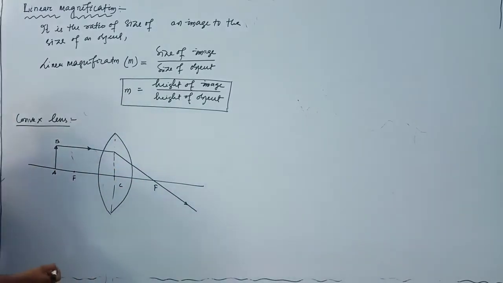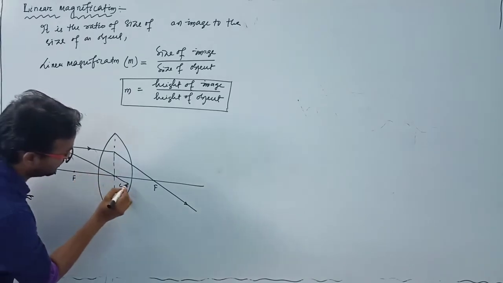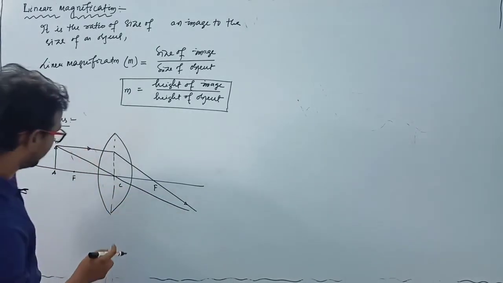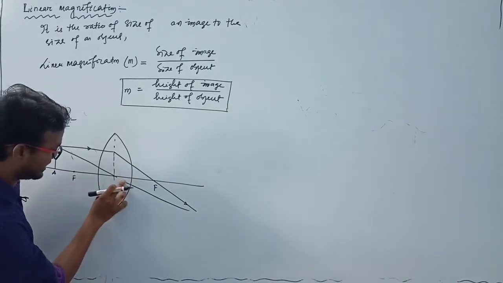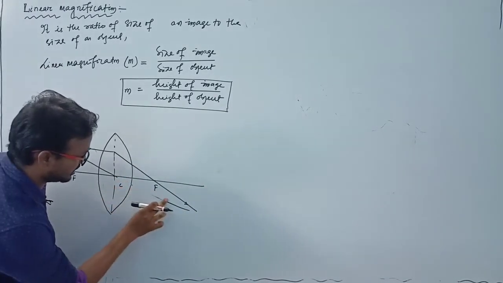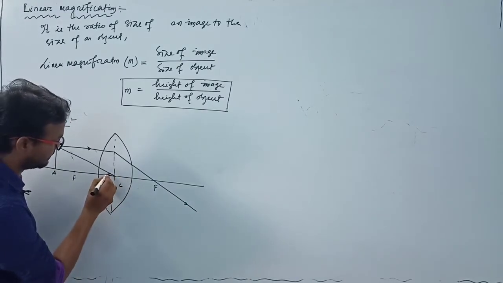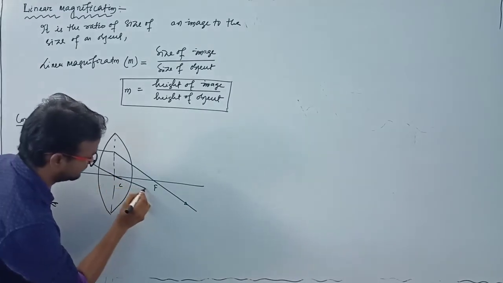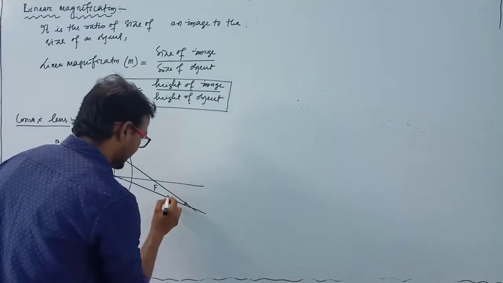Clear? Similarly, we already know that another ray of light which passes through the optical center travels undeviated from its original path in this direction and meets at this point.